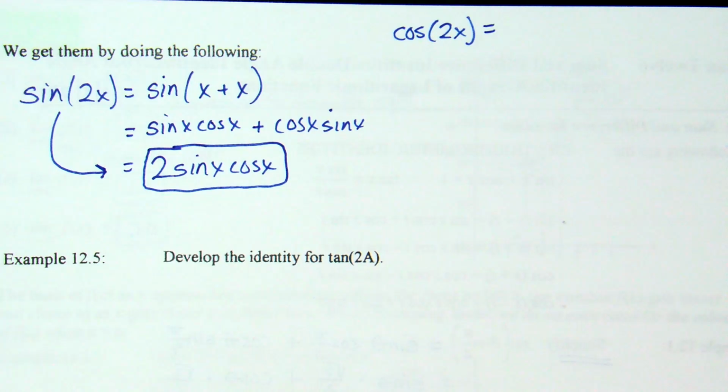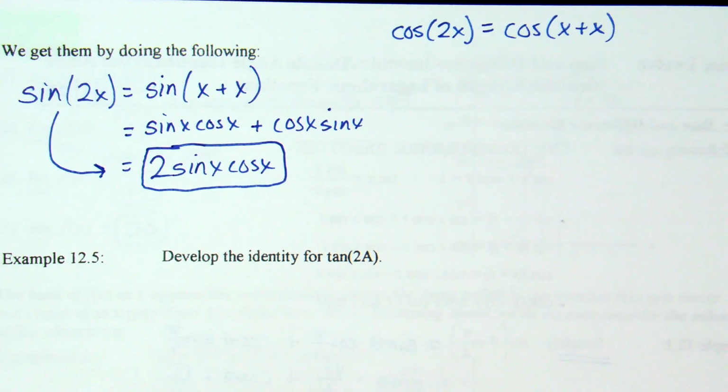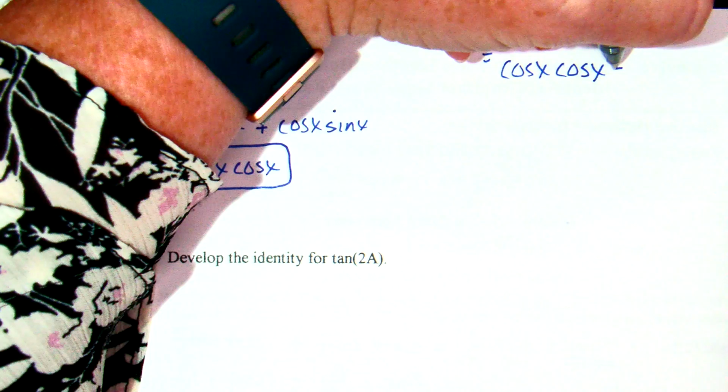If we go with our sum of cosine identity, this is rewritten as cosine x cosine x. Change the middle. So now instead of plus, it's going to be minus. And then it's sine x sine x.